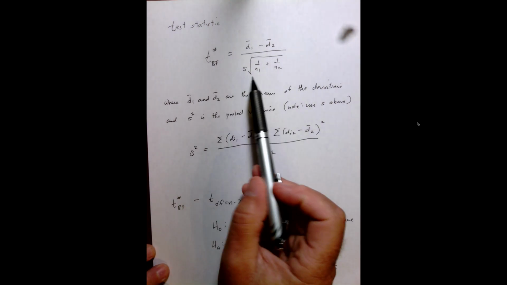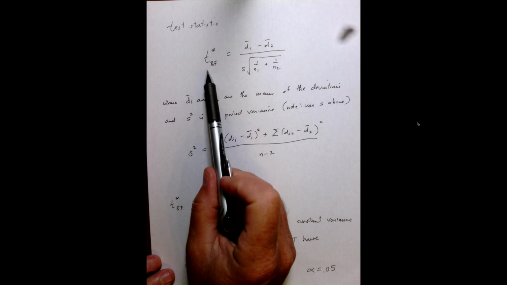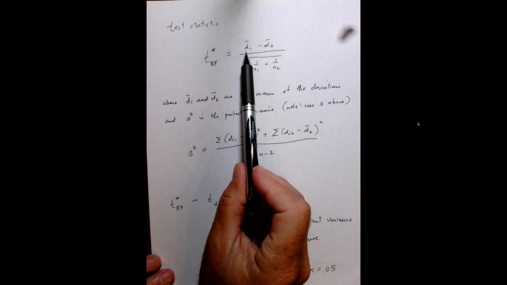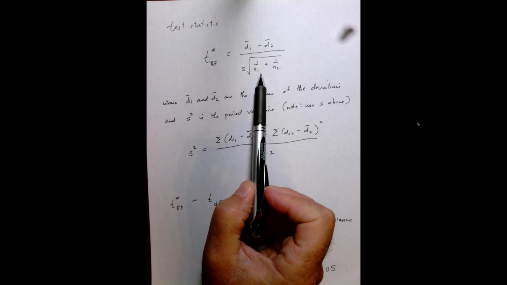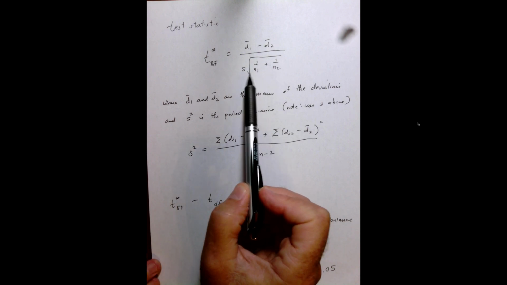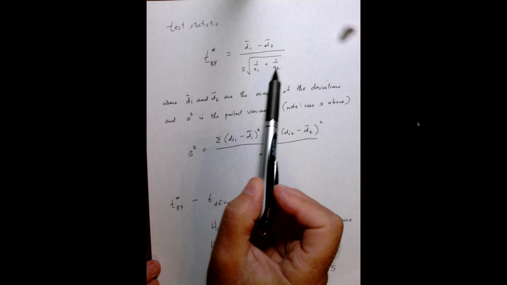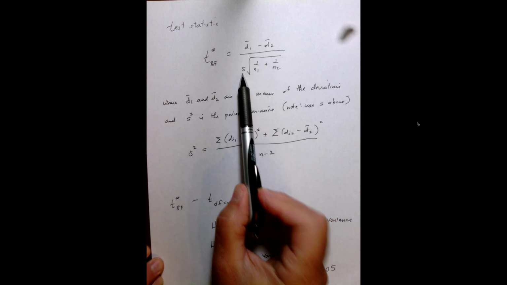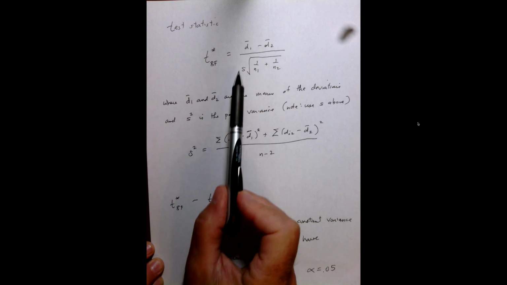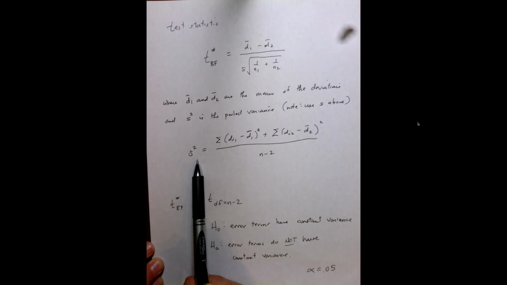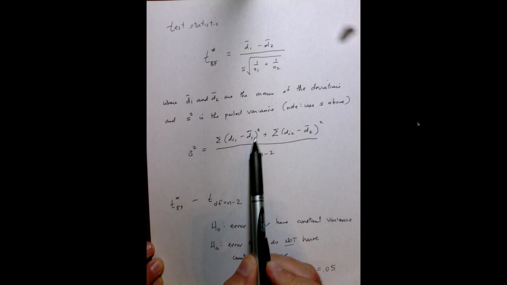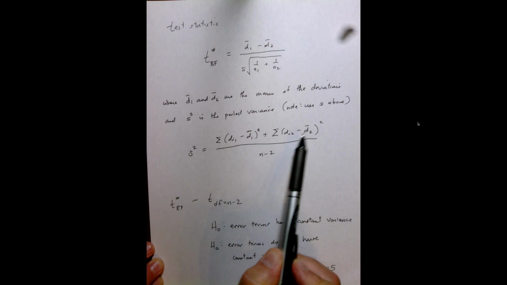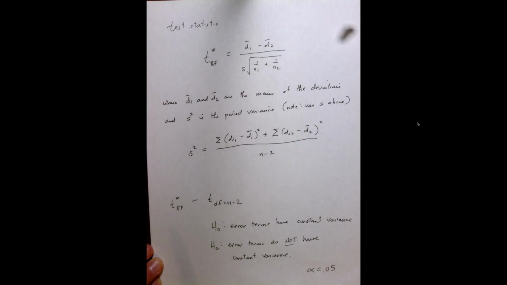All right, so kind of drum roll please here. Our test statistic is calculated by taking the mean of the d1s minus the mean of the d2s divided by the standard error. Standard error is just the square root of 1 over n1 plus 1 over n2 times s. The variance, where we'll get s, right, we'll calculate this value and take the square root of it, is the sum of the deviations squared plus the sum of the deviations squared over degrees of freedom n minus 2.